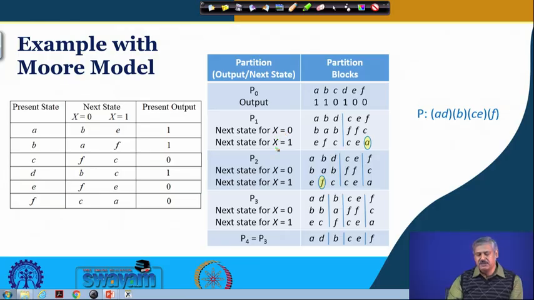Had there been say 2 inputs, x1 and x2, then there would be 4 rows, 0 0, 0 1, 1 0 and 1 1, and accordingly the next state values. Those are the things that need to be considered. So this is another thing we take note of if the number of inputs is more.